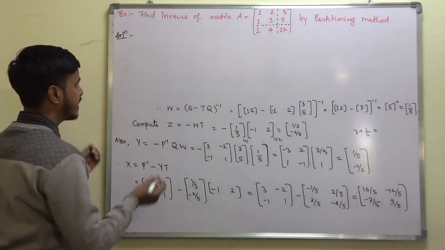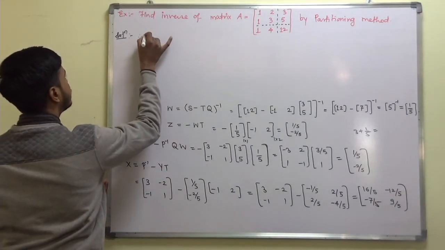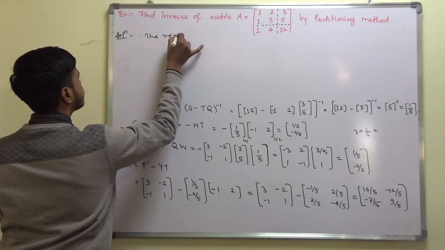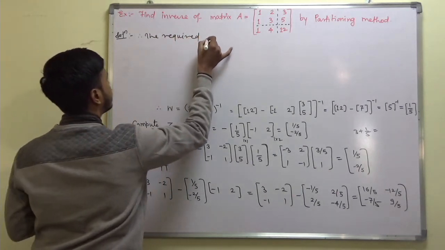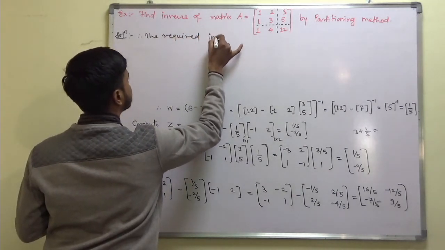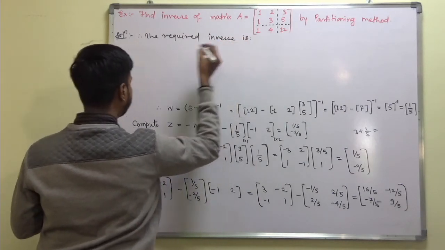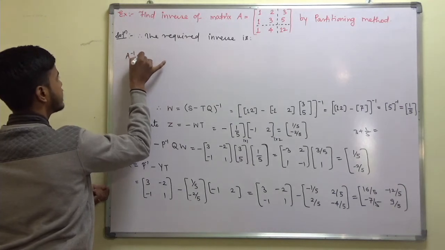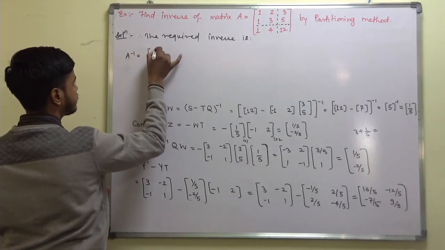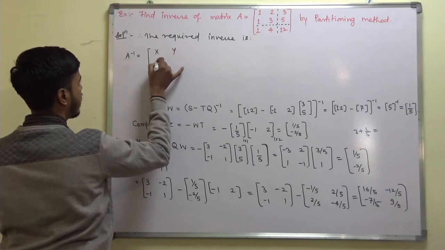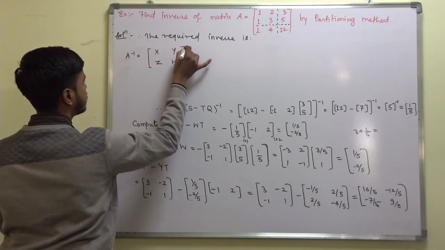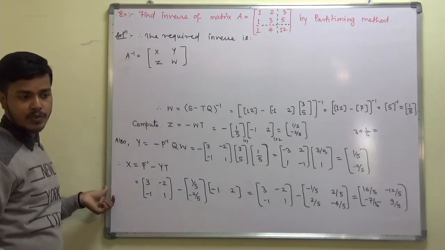So you just need to write, therefore the required inverse is A inverse is equal to, what is it? X, Y, Z, W, right? X, Y, Z and W.